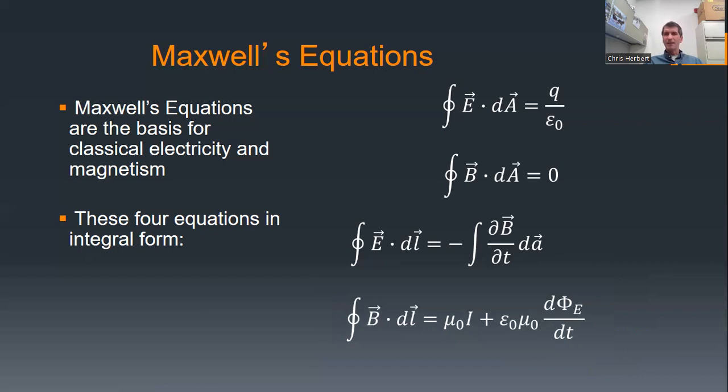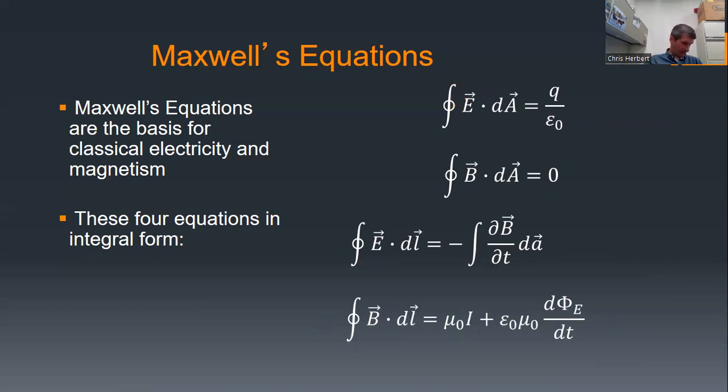I don't like the integral form as much because it really makes your brain have to concentrate on what these integrals are actually saying. Like right here, this is a surface integral, a closed surface.